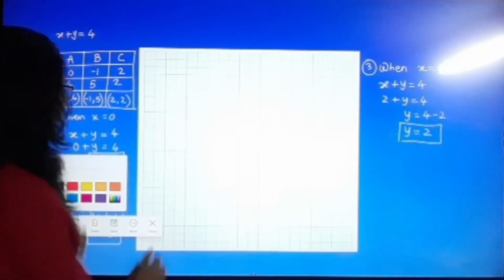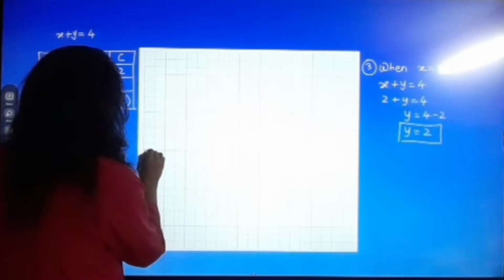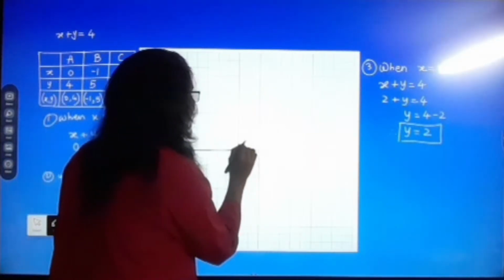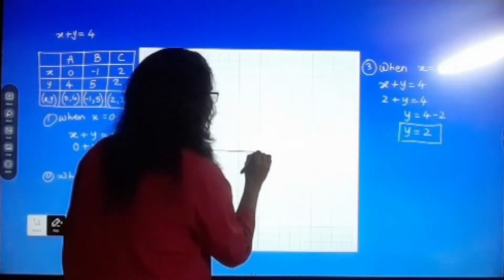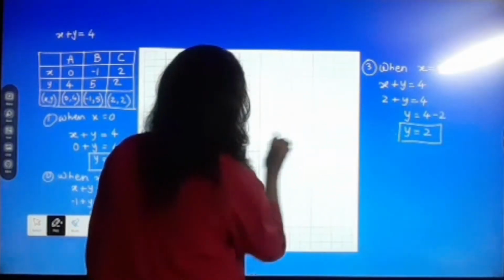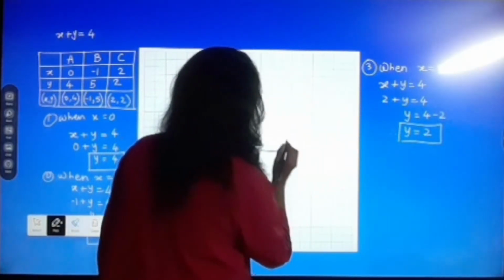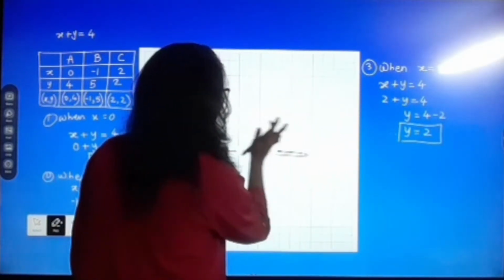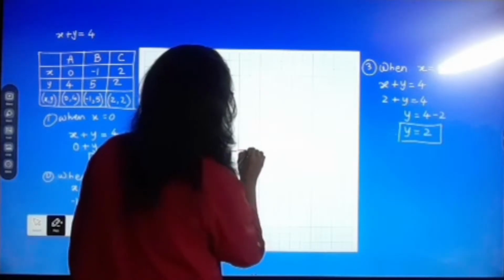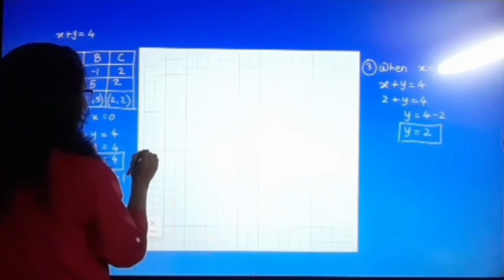First here make out the x'ox. Okay, see here, students.